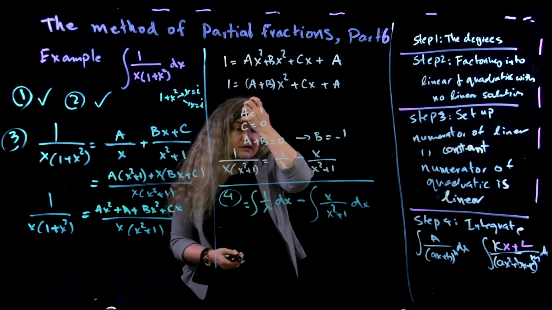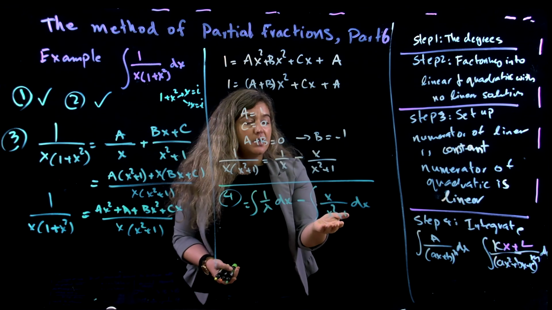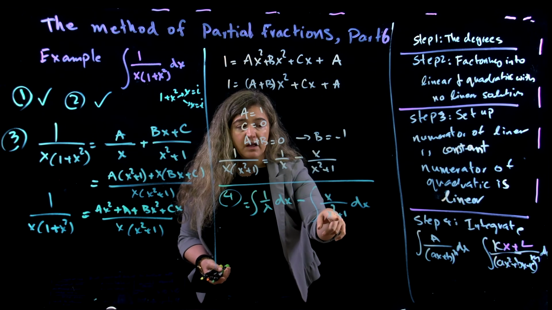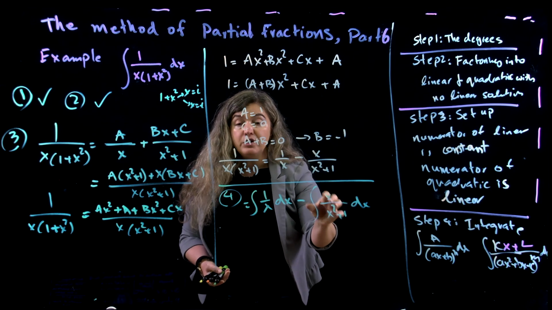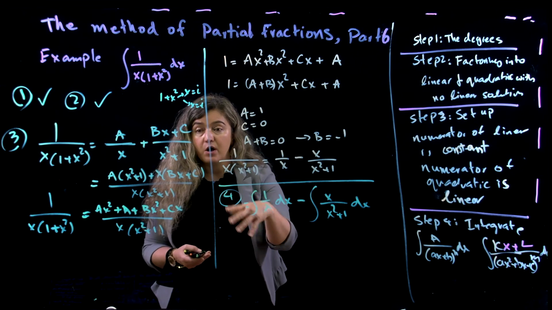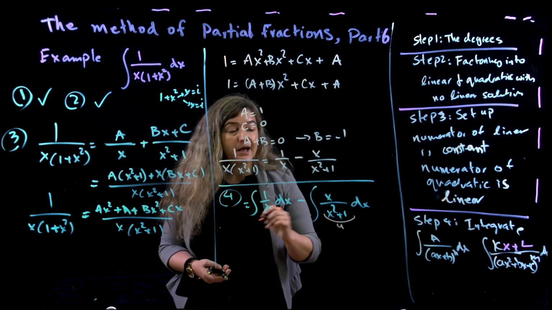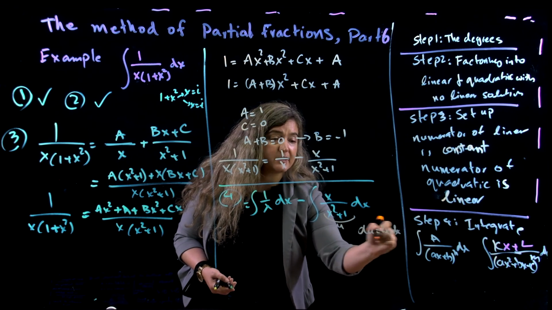In this case, for the second term, you're going to use a u substitution. The first one is obvious. That's just natural log of absolute value of x. And u substitution is u equals x squared plus 1, and du is 2x dx.